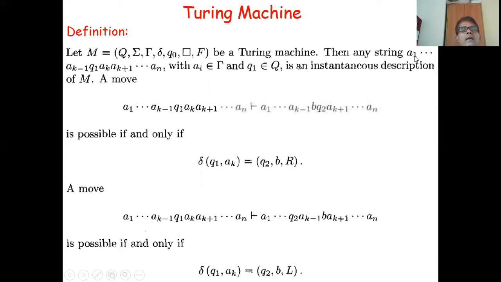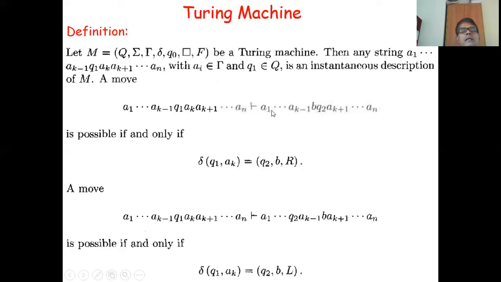Then any string A1 ... AK minus 1 Q1 AK plus 1 ... AN, with A belonging to tau and Q1 belonging to Q, is an instantaneous description of M. A move A1 ... AK minus 1 Q1 AK plus 1 ... AN is possible.